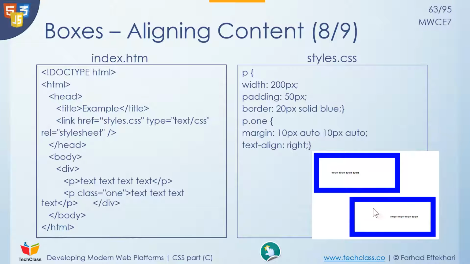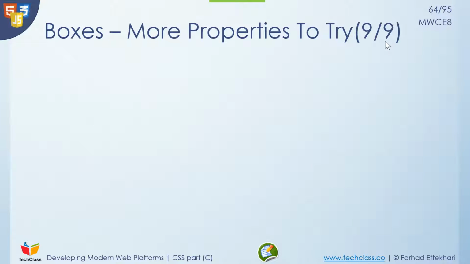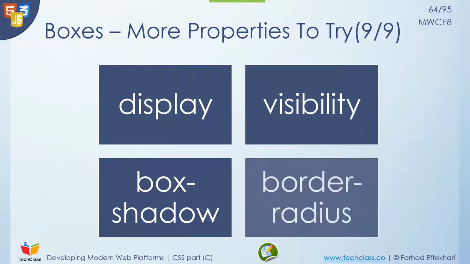Here the reason these two paragraphs have different styles is because of this declaration. But it's nice to also try it by yourself to see this example. And also it's nice for you to see if you're able to work with these other properties.